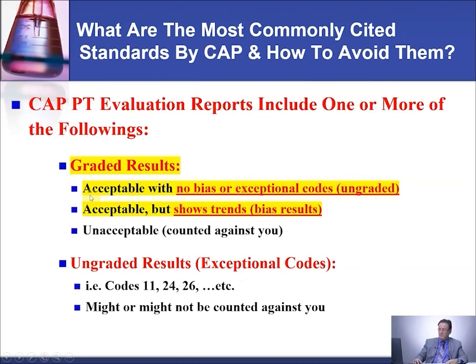In the previous lesson, we talked about the acceptable result that shows no bias or exceptional codes, and we talked about also acceptable result that shows trends or bias. In today's lesson, I'm going to cover the graded results that are unacceptable, which are counted against you.